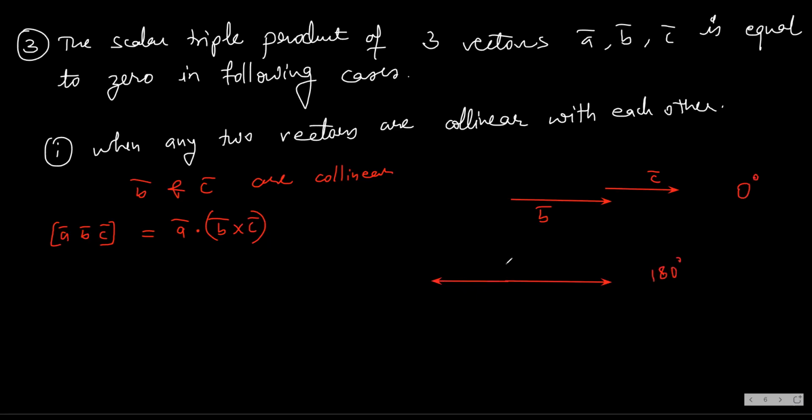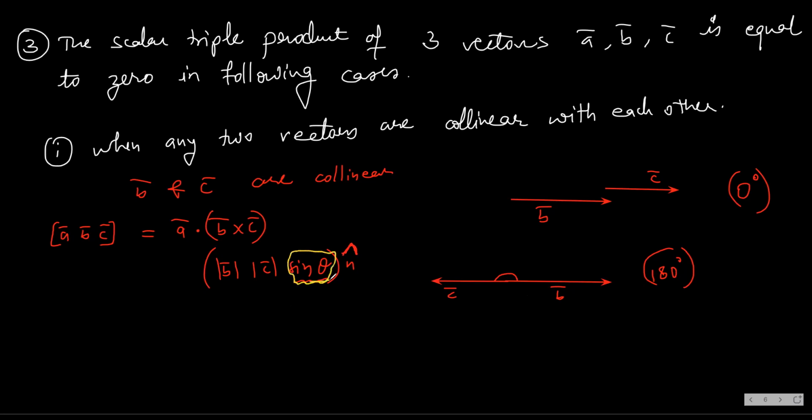But remember students, in either case, 0 degree or 180 degree, what will happen? Sine of these two angles is equal to 0. And how do you define cross product? The cross product we will define is mod of B bar mod of C bar, sine of angle between them times the unit vector which is in the direction perpendicular to B bar and C bar. So sine of 180 degree or sine of 0 degree is 0.